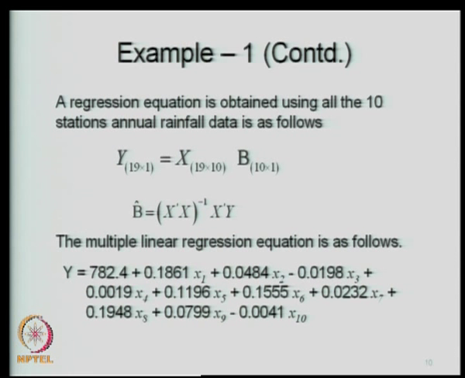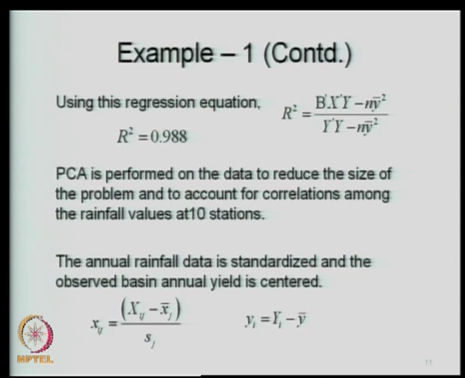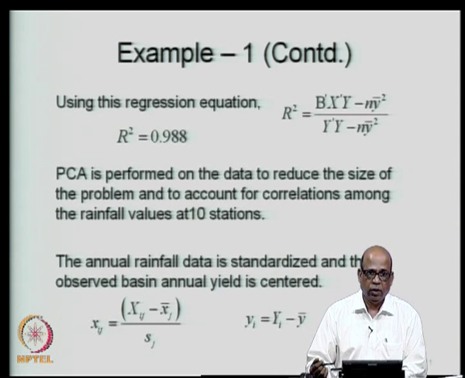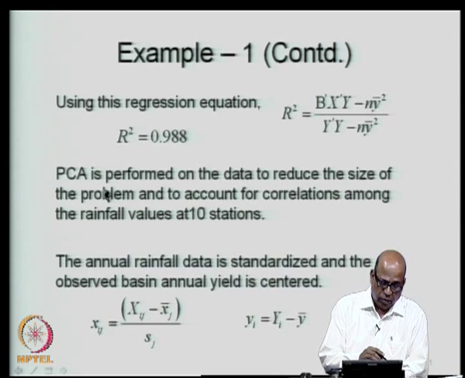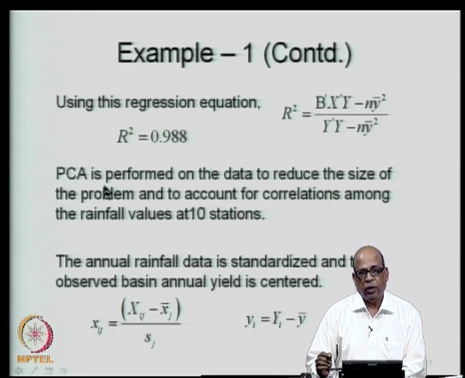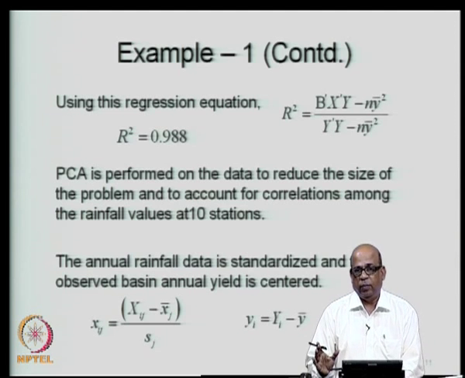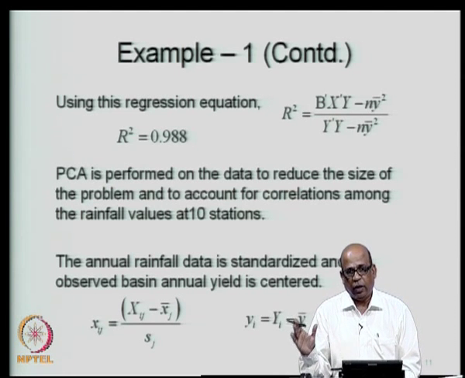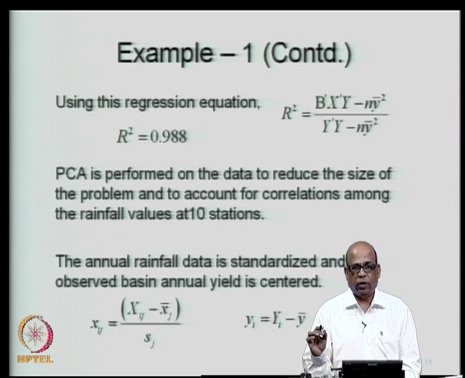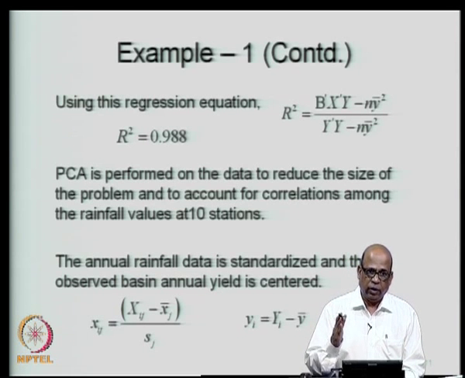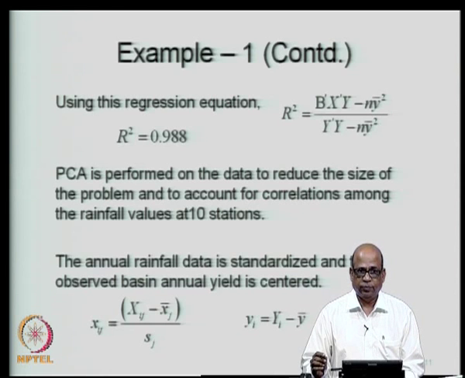So, that is what we will try to achieve through the principal component analysis. So, what we do is we perform the principal component analysis now on the independent variables, that is x 1, x 2, x 3 etcetera, x 10. We will do the principal component analysis on that, then regress the y, which is the dependent variable, on the principal components.